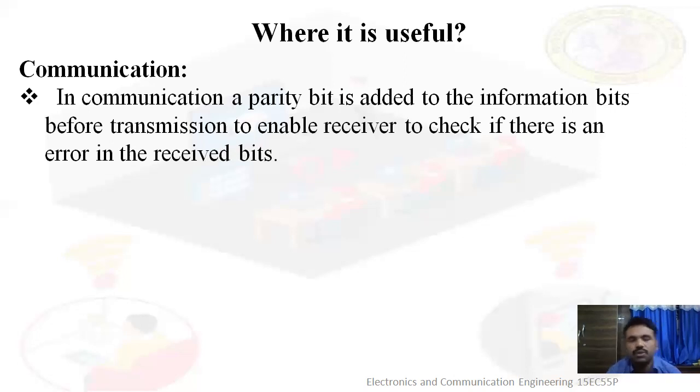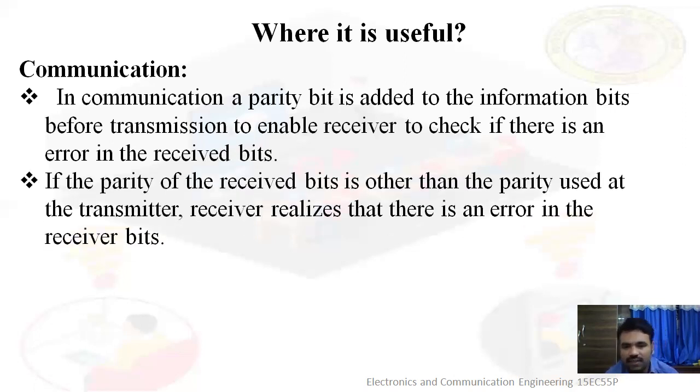So we use two types of parity there. One is odd parity and the other is even parity. In odd parity, the number of ones is odd, like 1, 3, 5, 7. In even parity, the number of ones is even, like 0, 2, 4, 6, and so on.